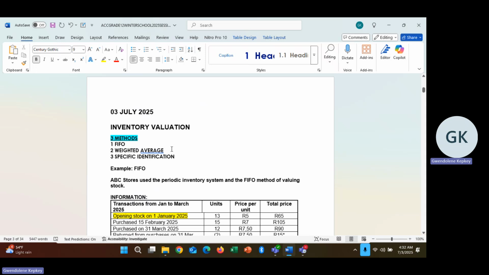Weighted average, on the other hand, we will apply when we value items that are in large quantities. The rand value of those items is usually not very expensive, and many a time the items are identical. So that is when we use weighted average. The specific identification is geared at your expensive, exclusive items.